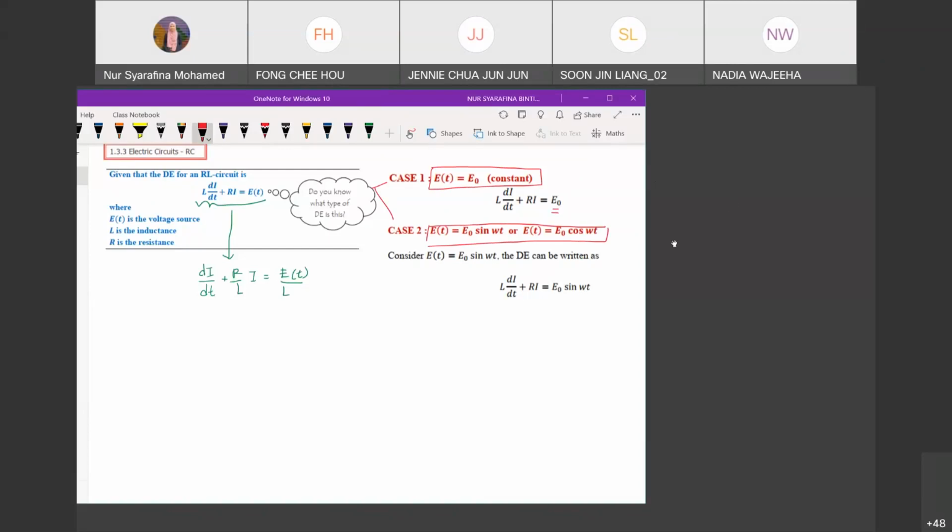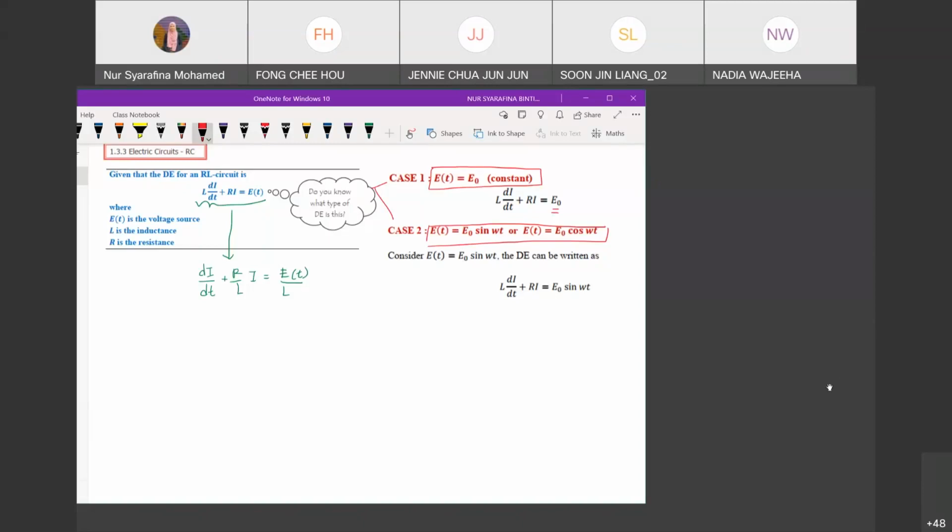So we are going to proceed with solving the linear equation by looking at the function on the right hand side, either it is a constant or it is a function of sine omega t or cos omega t. We need to integrate, right? Remember, we need to integrate at the end of the process in order to find the solution of the differential equation. But for this case, the solution is to solve for I(t), okay? The current at a given time t, okay?